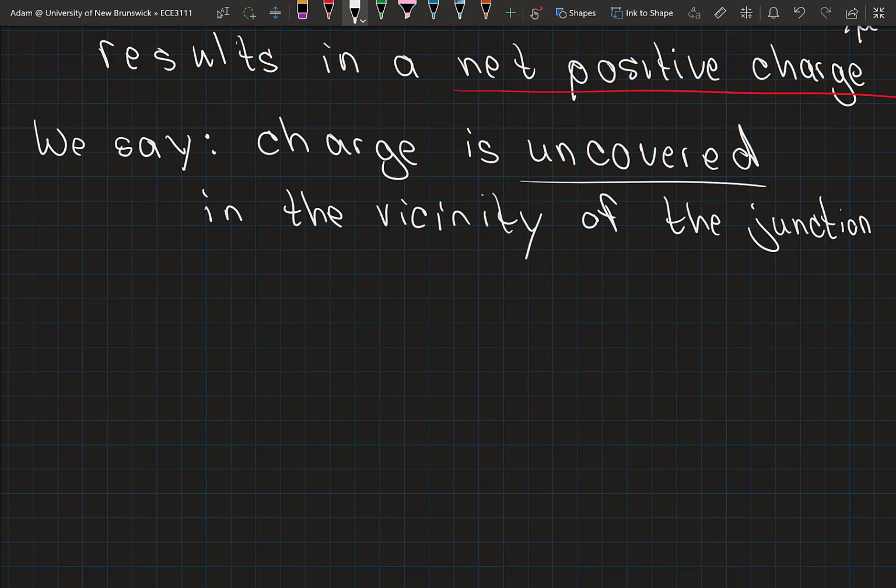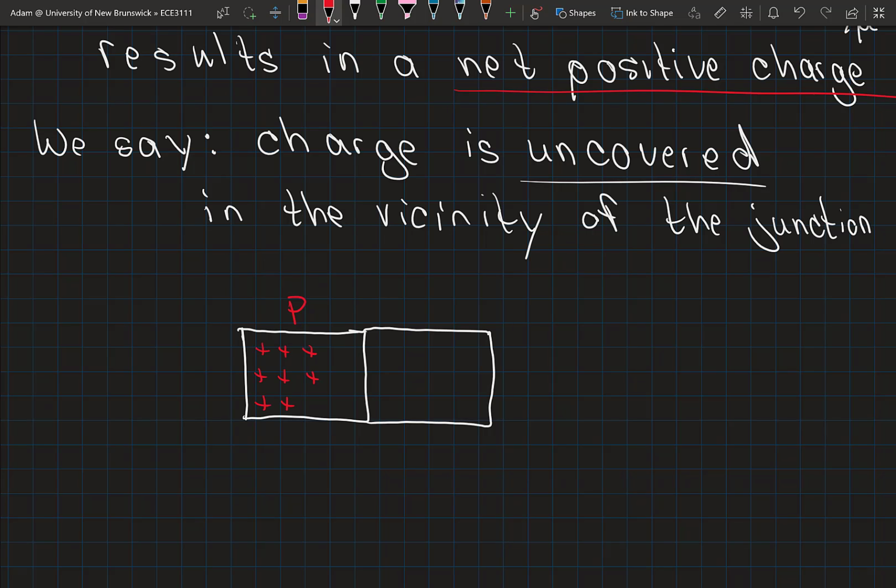Okay, so if we look at the figure of our PN junction diode here again, we have our p-type material, which still has majority carriers of holes.